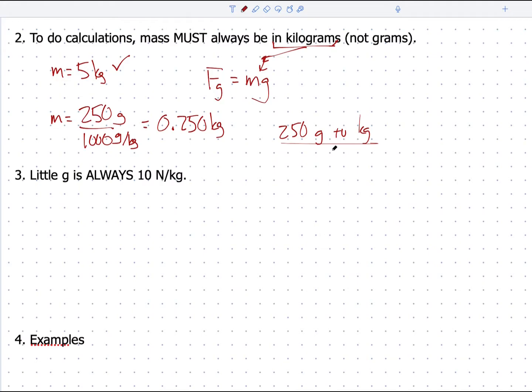Or Siri will do it for you, or Google will do it for you, or whatever else. Just make sure you're converting by dividing grams by 1,000 before you calculate. Otherwise, your numbers will be off for the force of gravity. All right, they'll be like 1,000 times too big, and that obviously will leave you way off what the actual answer will be. So mass must always be in kilograms and not grams.